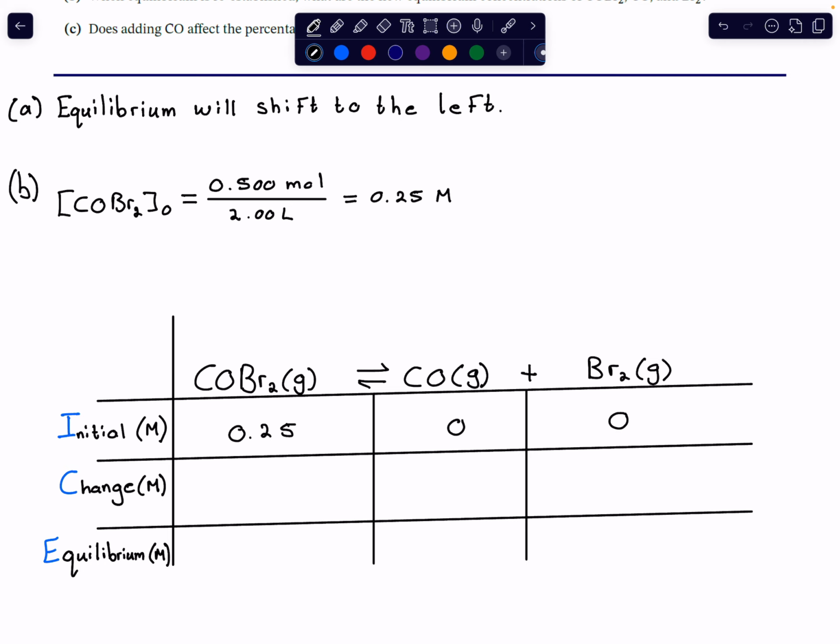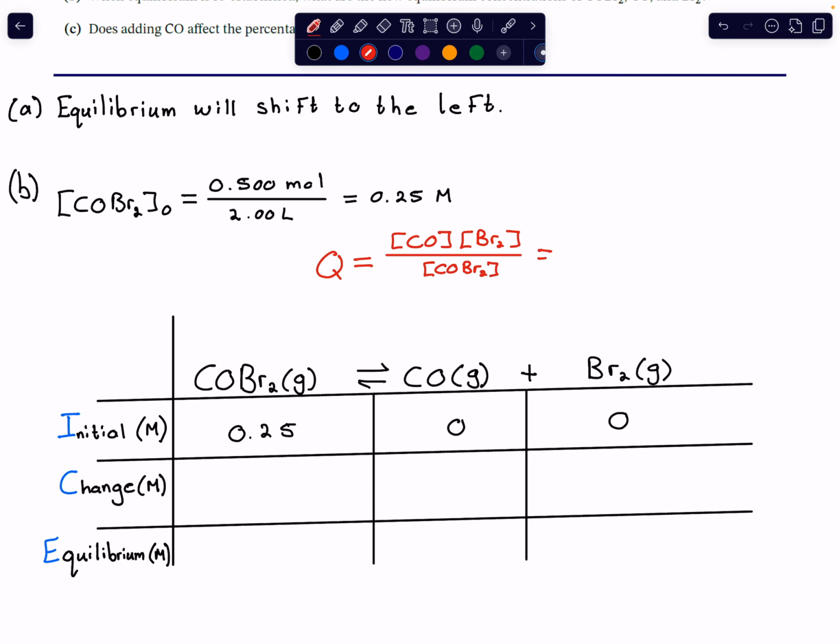To know the direction of the change, let's calculate Q. It's always good to keep in the habit of that. So Q in this case is equal to carbon monoxide multiplied by bromine divided by carbonyl bromide.